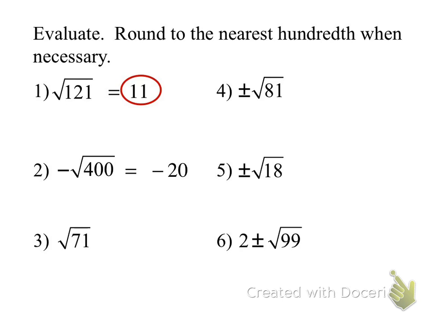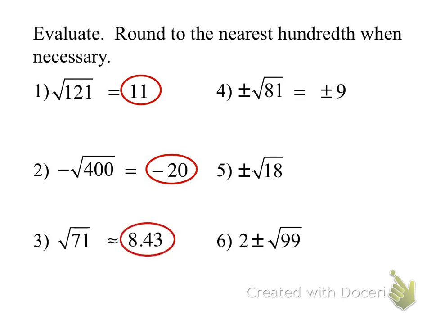What is your best guess? 8.2, 8.3, 8.4? Good. Within that boundary. Square root of 81. Notice the little plus or minus. What does that mean, Nicole? It's both positive and negative 9.